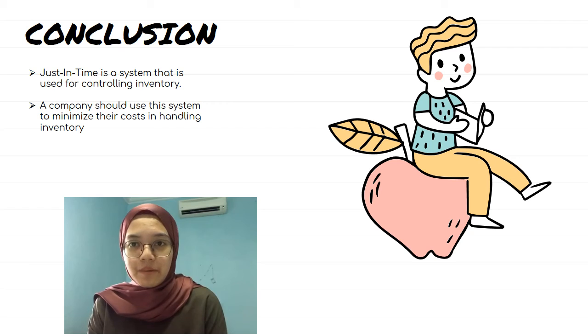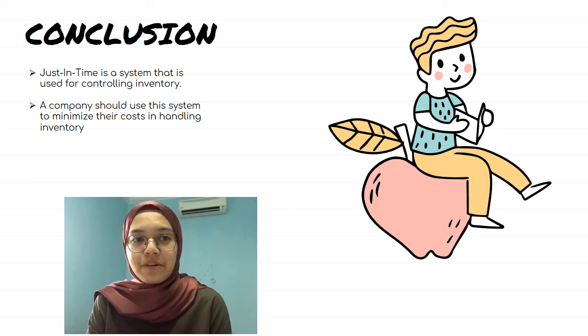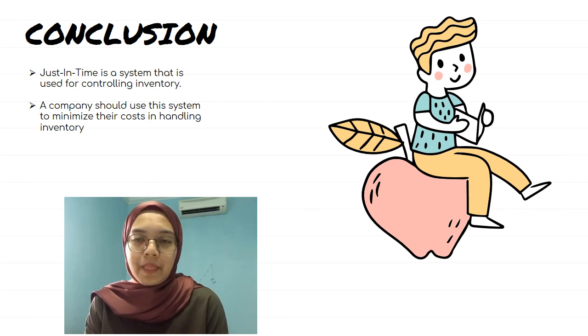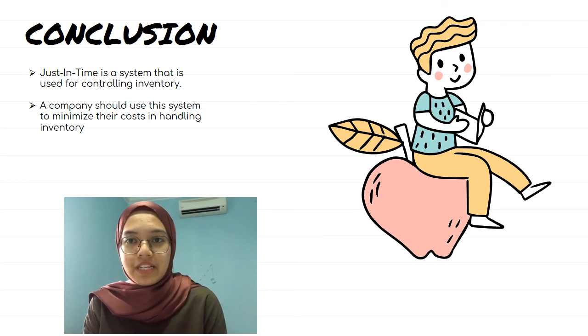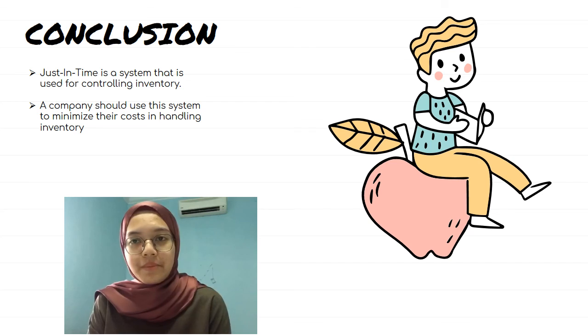If a company wishes to minimize their cost in handling inventory, they definitely should use this system, because just-in-time will definitely reduce their cost in handling and storing the inventory. If there is no excess in inventory or raw materials, then the company won't have to store the excess materials, so it will definitely reduce their cost in storing the product or the materials.